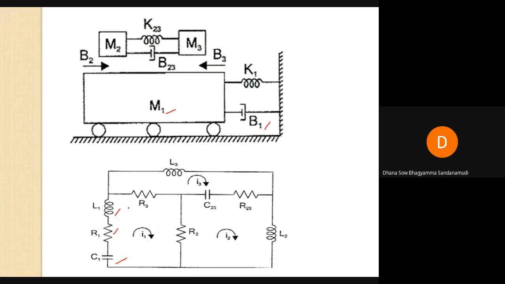Here we must consider both B2 and B3, which are common to M1. So to loop 1, R2 and R3 should be common. Actually R2 is common to both loop 1 and loop 2. R3 is common to loop 1 and loop 3.